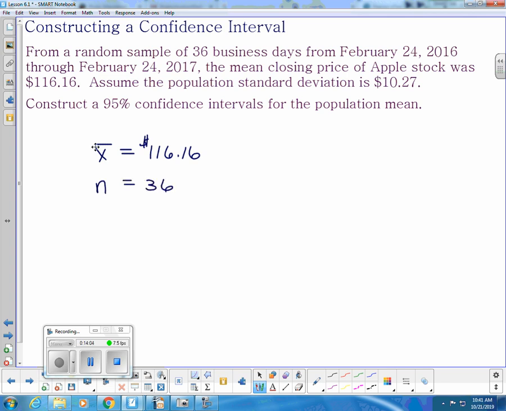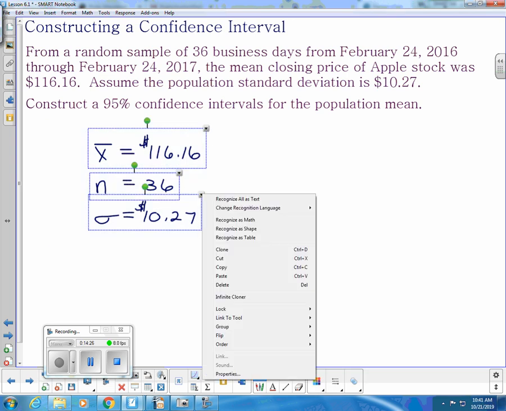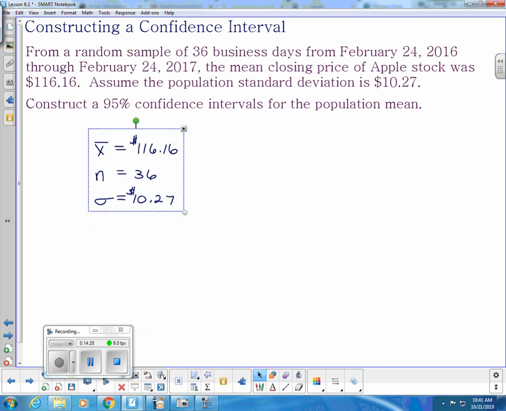My n is greater than or equal to 30, so I can use this formula. The population standard deviation is 10.27. Construct a 95% confidence interval for the population mean. So we have to figure out our margin of error with these numbers.